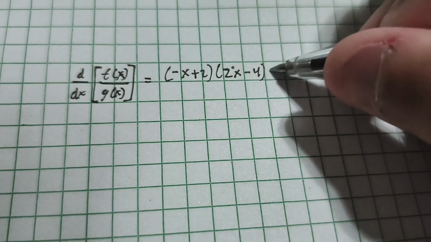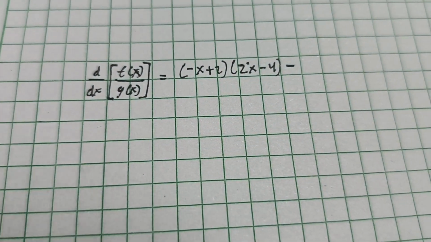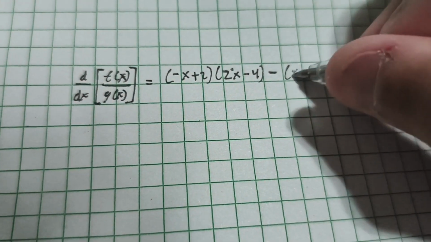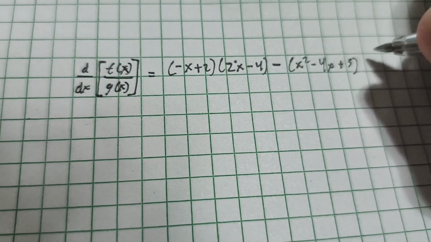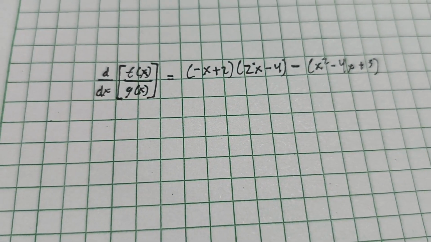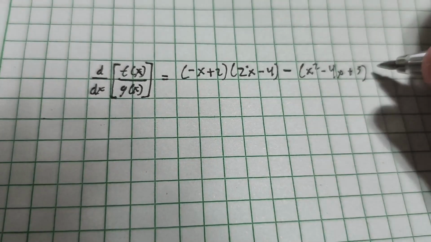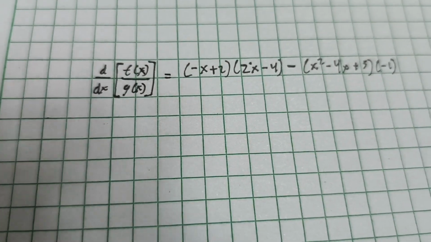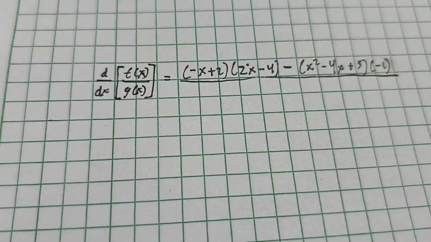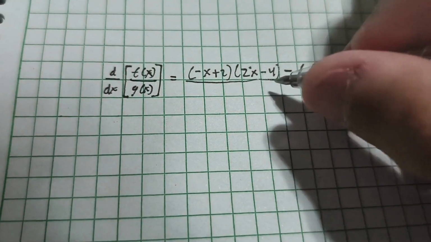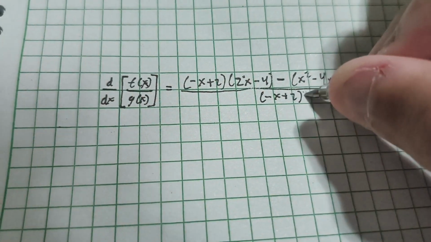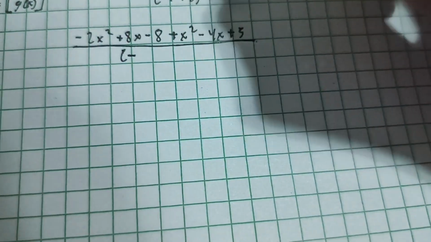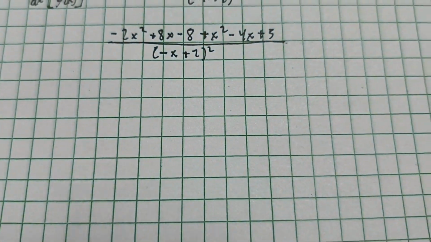Then we subtract that by f of x, so we have x squared minus 4x plus 5, times the derivative of g of x, which is negative 1. Now this is all over g of x squared, so g of x, that's negative x plus 2 squared. Again, we have the negative x plus 2 squared under there.